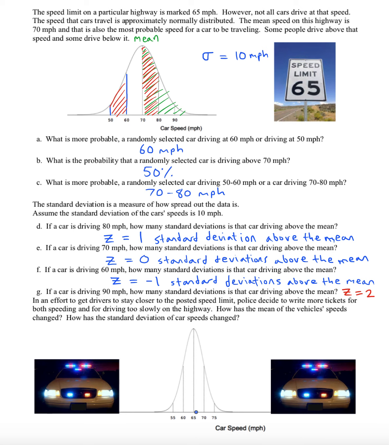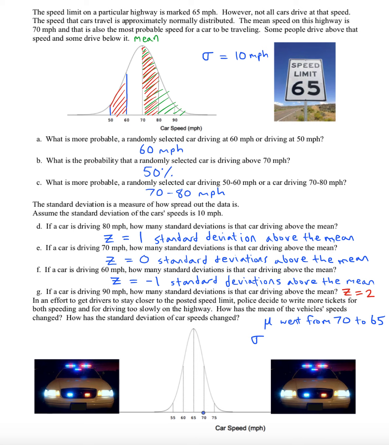Well, we see that the peak is no longer at 70, it's now at 65. So the population mean went from 70 down to 65. And also, sigma has changed as well, whereas before the width between these markings was 10.